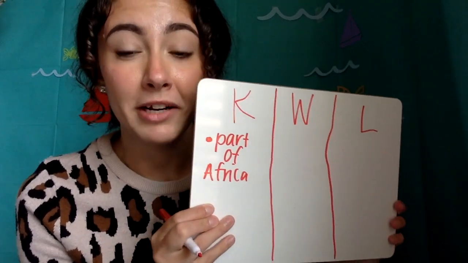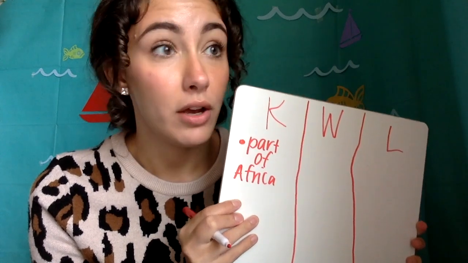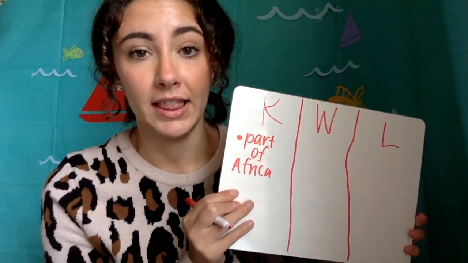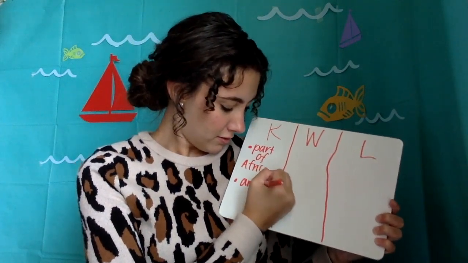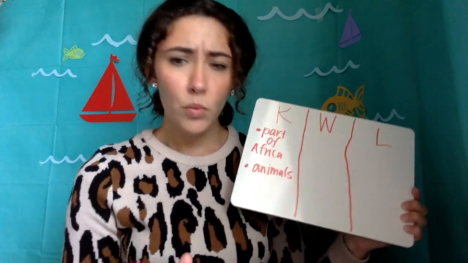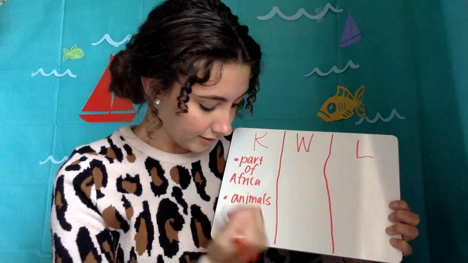Also, you should be wearing animal print today. So that tells us, and it was also in our morning greeting, that Africa has lots of animals. What else do you know about South Africa? Add something else here that you know.